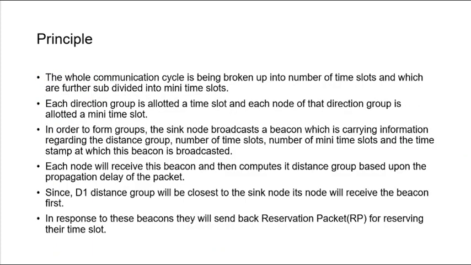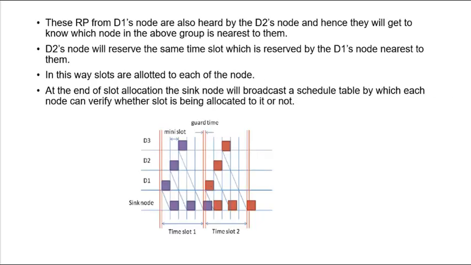The sync node broadcasts a beacon signal containing information regarding the distance group, time slots, mini slots, and the sending timestamp. Upon receiving this beacon, each node gets to know its distance group based upon the propagation delay of this packet. Then the sensor node replies back with a reservation packet in order to reserve its time slot.